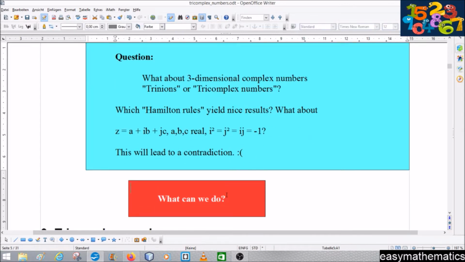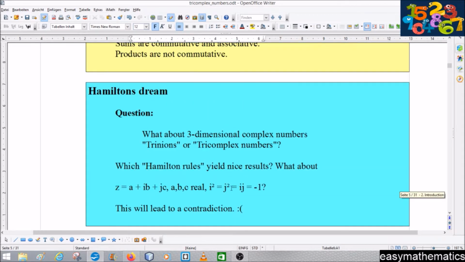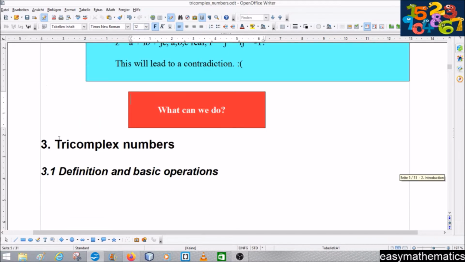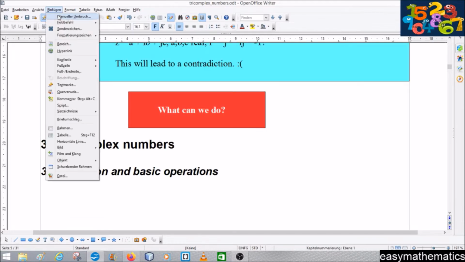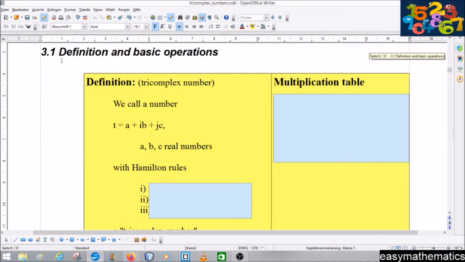And then of course the question is, what can we do to make Hamilton's dream become true? And these are the tricomplex numbers. Yeah, and we define them first, okay?